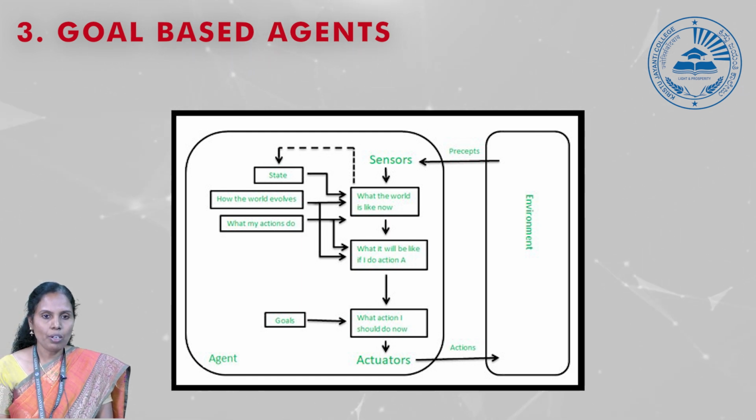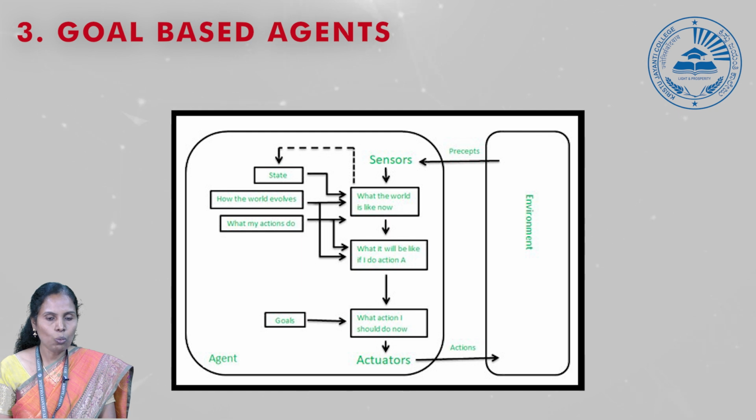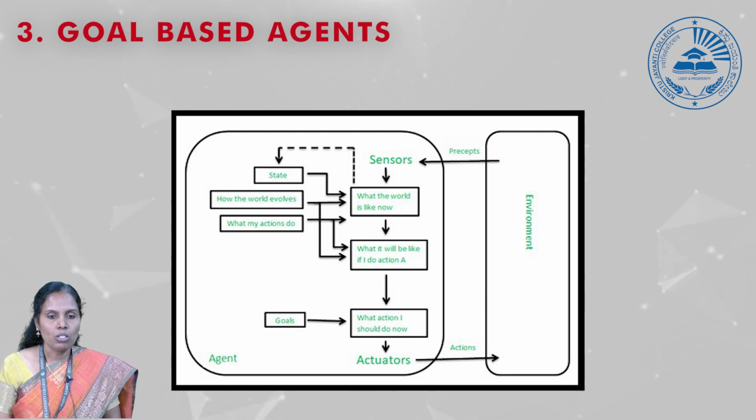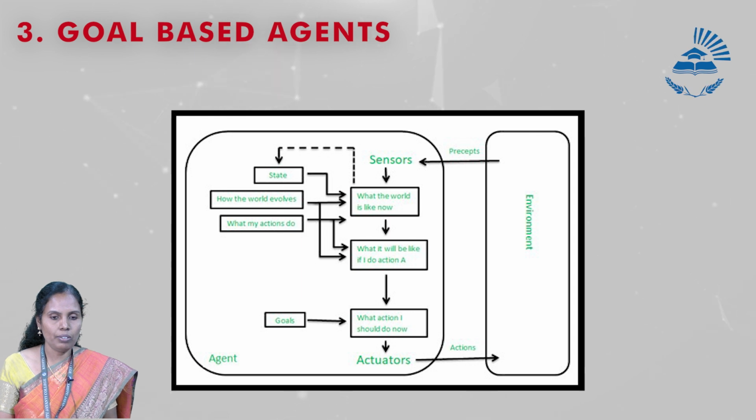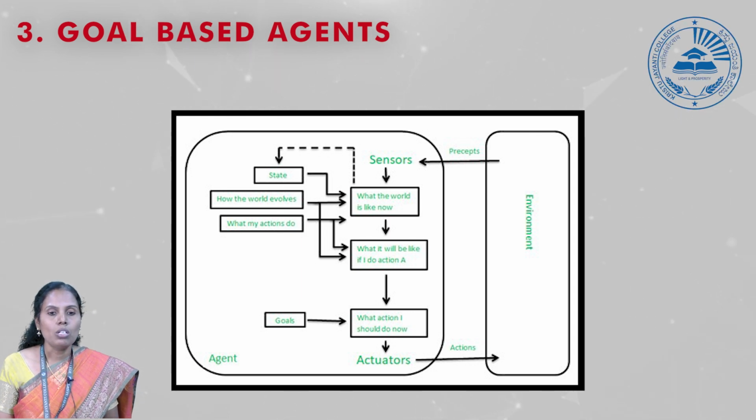Here the environment is connected with the sensor, telling what the world is like now, and so we are finding out what it will be like if I do action A, meaning one route. If I select it, what will the outcome be? We need to find that out. Like that, we need to find all the possibilities that are available.